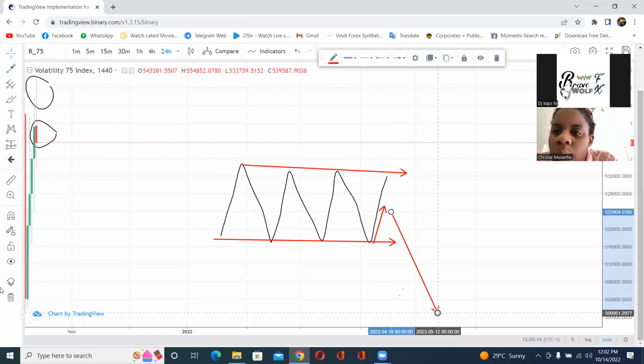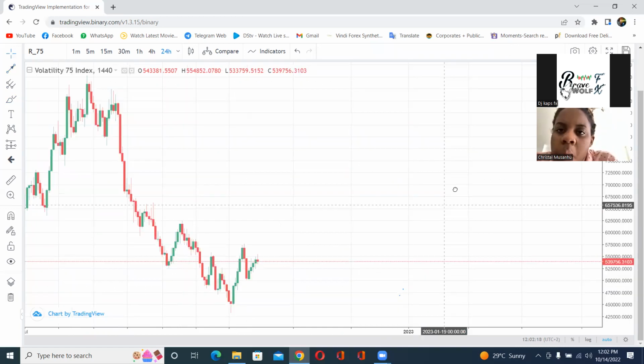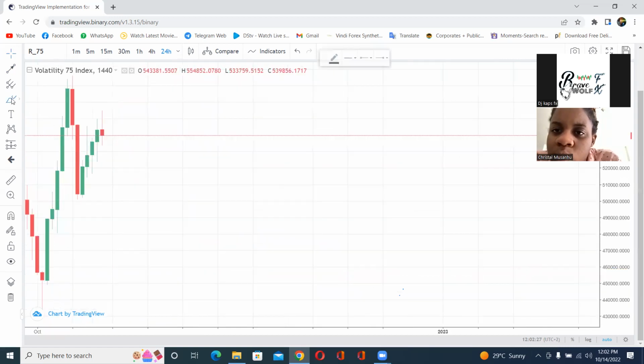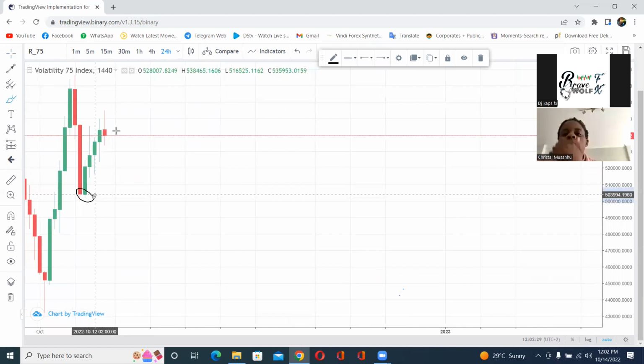I want to show you on the chart what I'm talking about. You see what is happening here, it's an uptrend. You see from here to here, only green candles.